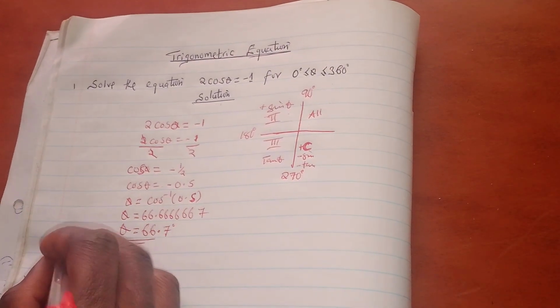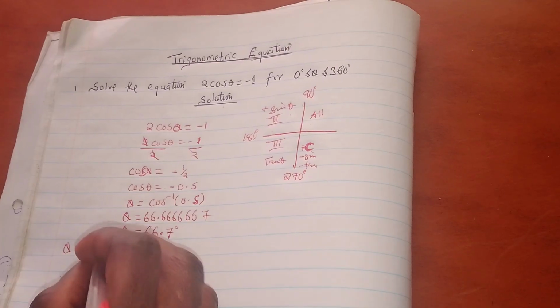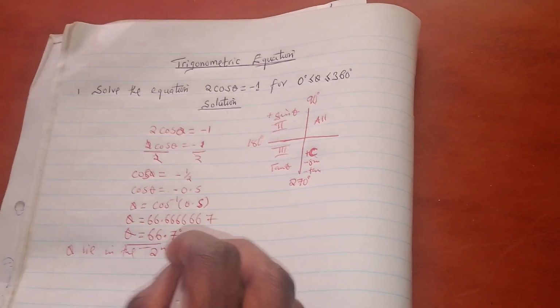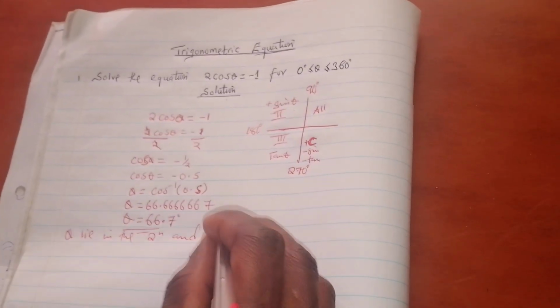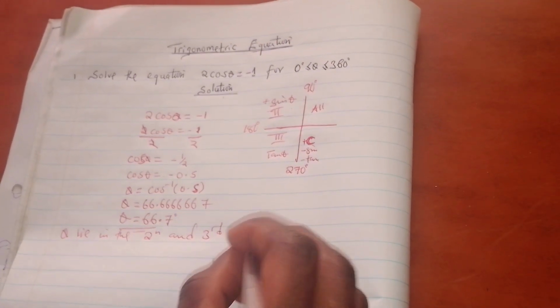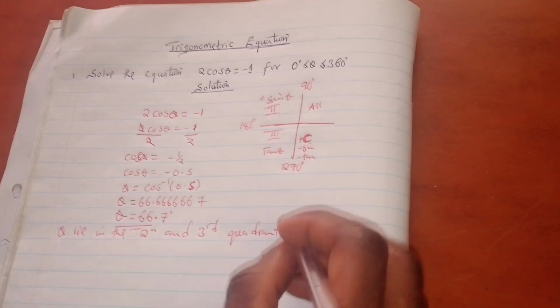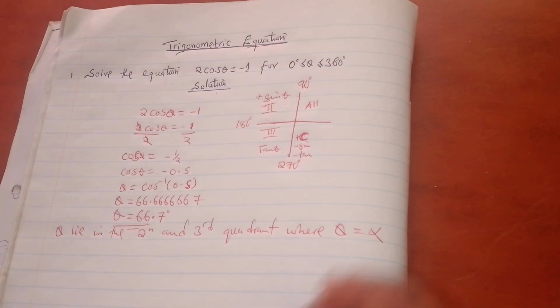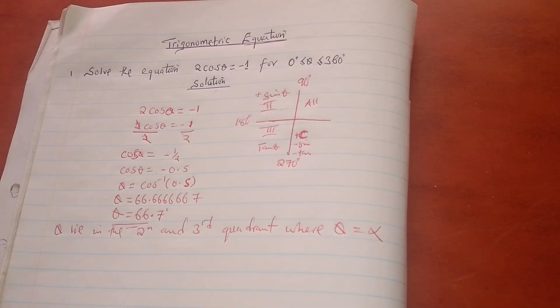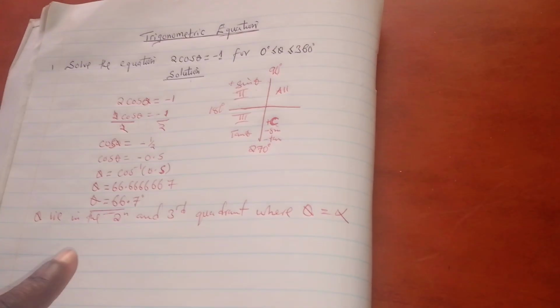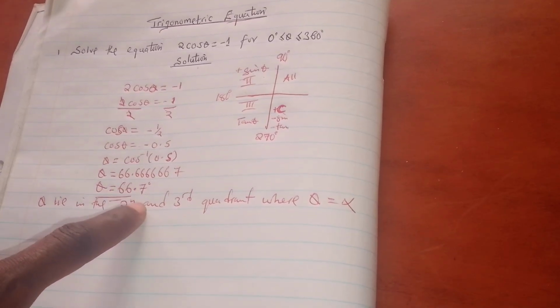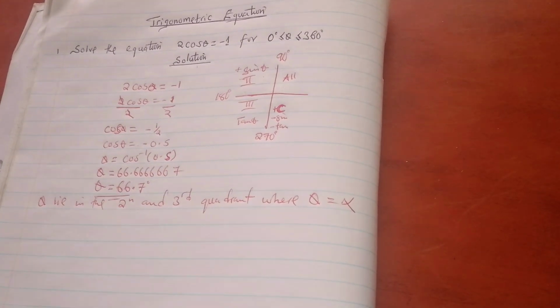So say that theta lies in the second and third quadrant. Okay, where we should know that theta is equal to alpha. It simply means that the angle we have found in the first quadrant, theta is equal to 66.7 degrees, is the same as alpha.